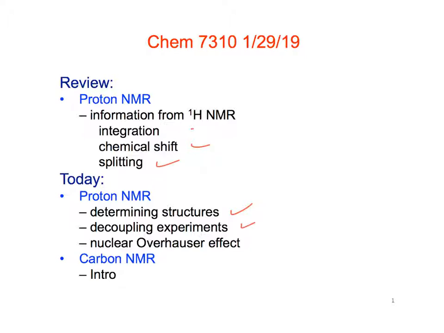And we will talk a little bit about nuclear Overhauser effect spectroscopy, a way we can do as a one-dimensional experiment to determine which protons are within close spatial proximity. We probably won't make it to the carbon NMR today, but I put it down there anyway.